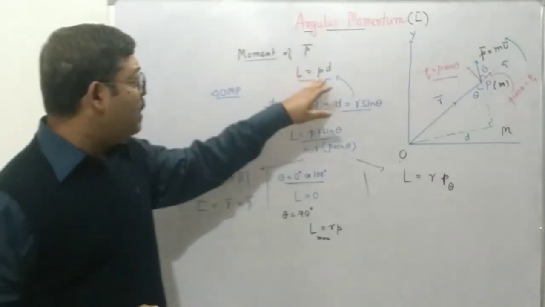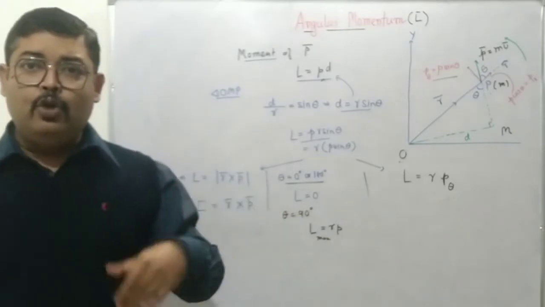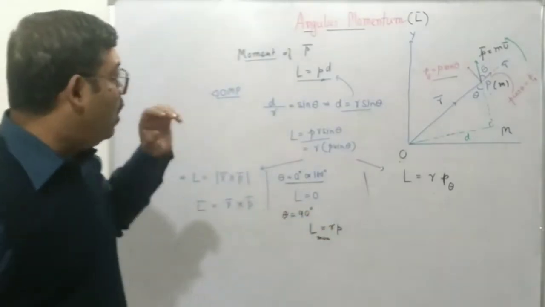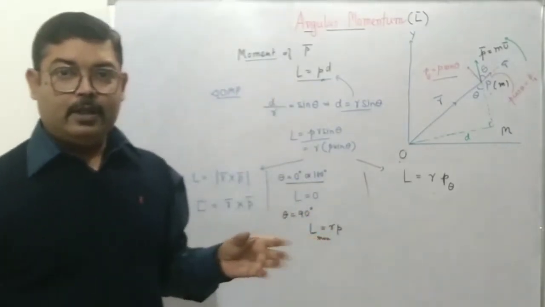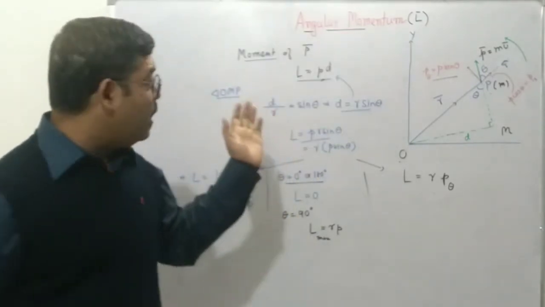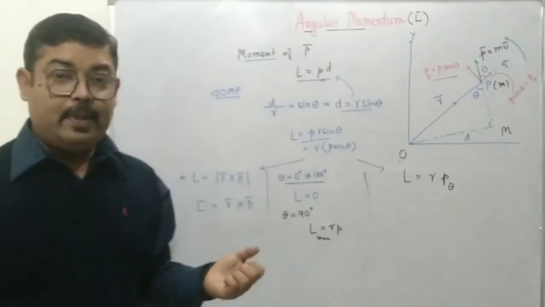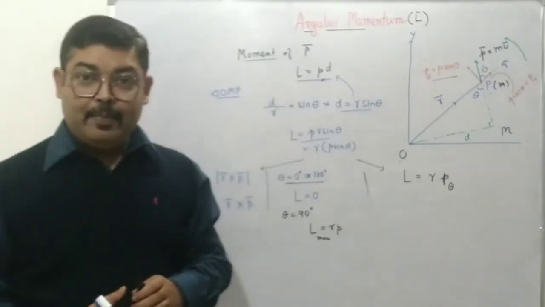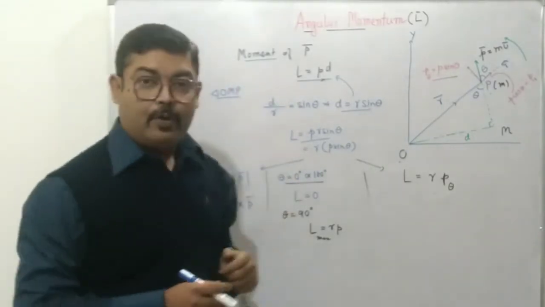Similarly, when a body is in rotational motion, angular momentum will be the counterpart of momentum, which in other words means that angular momentum is a measure of rotational motion of the body.